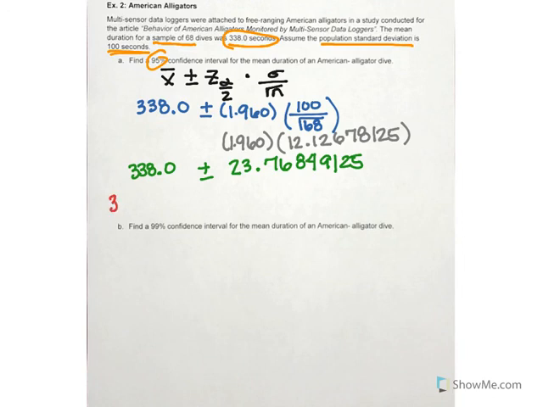When we subtract, you get 314, and if we do one decimal, 0.2. The 3 behind that 2 makes 2 stay at 2. And we're going to take 338 and add 23 point and that decimal. And that would give us 361 point, now that 6 will make 7 round to an 8.